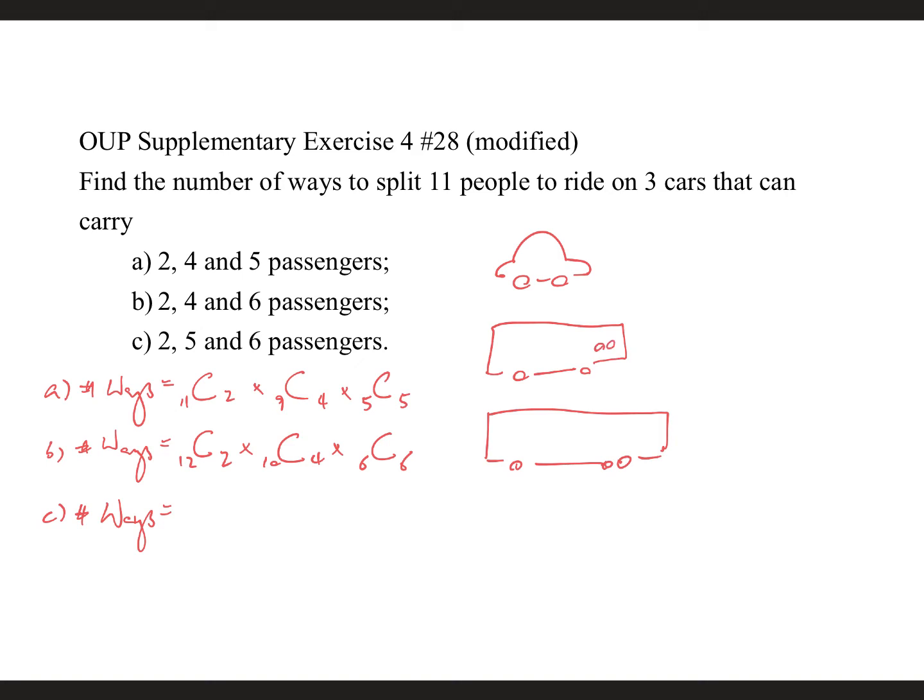Or have the 2 empty seats in the last car. Or have the 2 empty seats in the middle and the last biggest car. So we have to split into a few more cases.